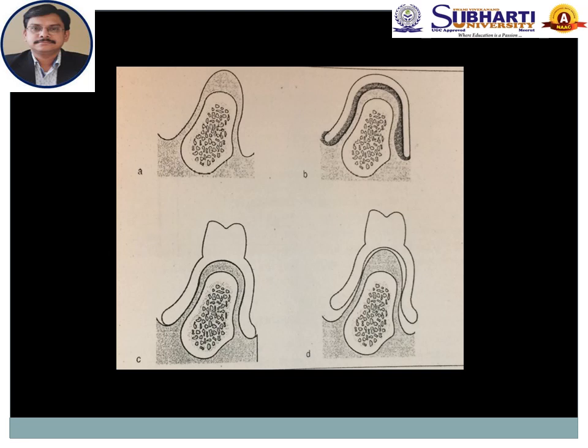We'll acquire the cast, and on that cast we'll make an RPD. Whenever the patient wears that RPD, it will always keep the mucosa in compressed form. So there will not be much difference in compressibility, and thereby we can prevent the rotational force from occurring.